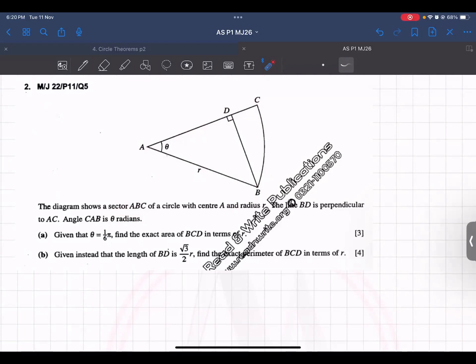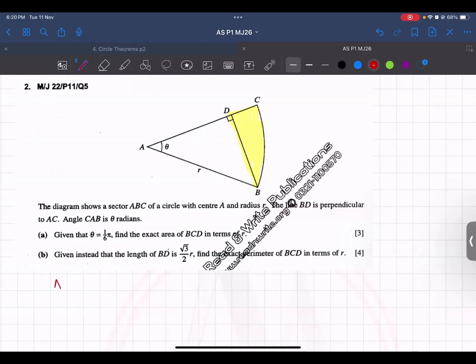Given the theta is pi by 6, find the exact area of BCD. They want the exact area of BCD, this part, in terms of R. We know the theta, and it's very similar to the last question we did.